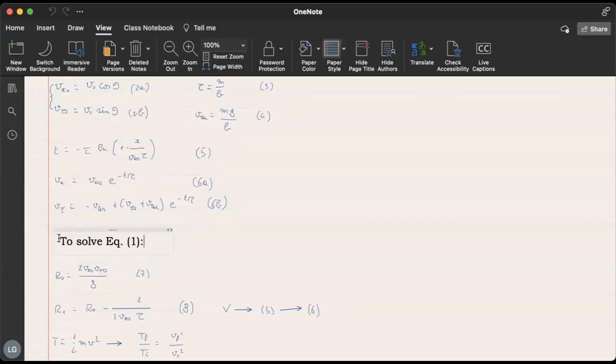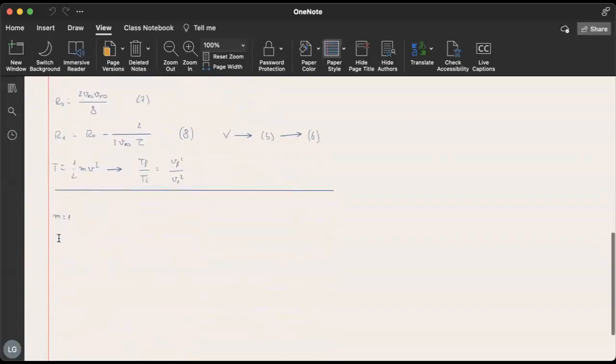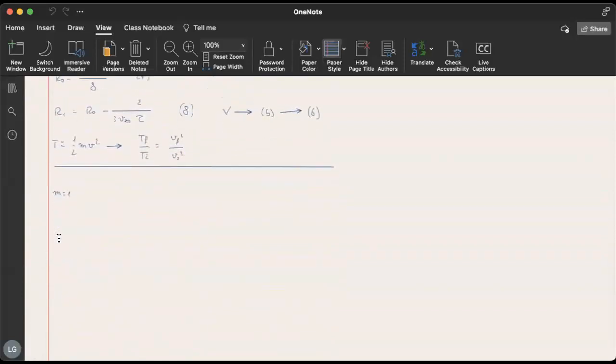Okay, sorry. Now I'm going to set the mass just 1 kilogram.